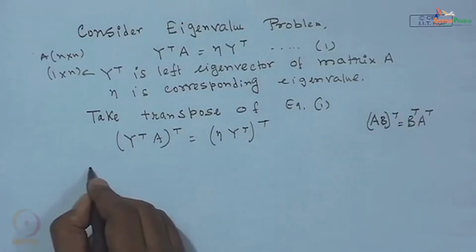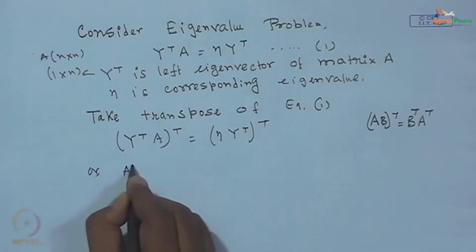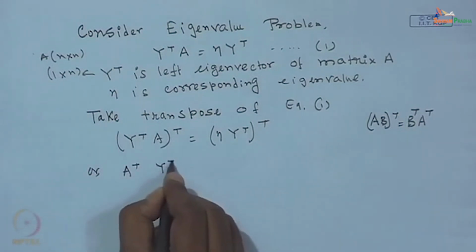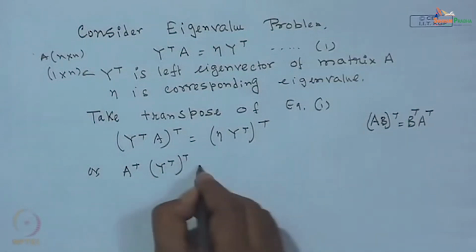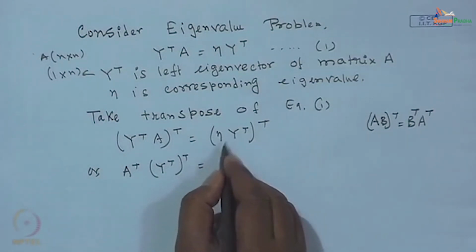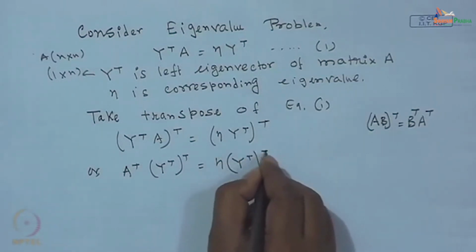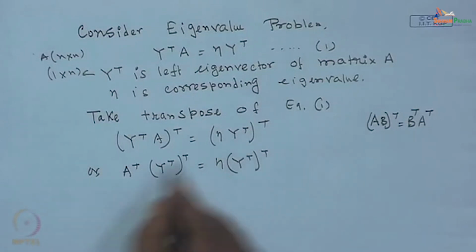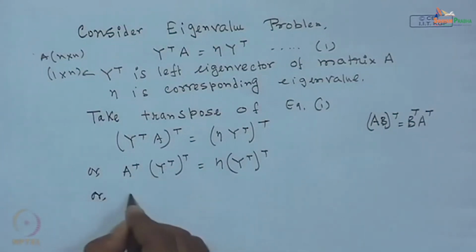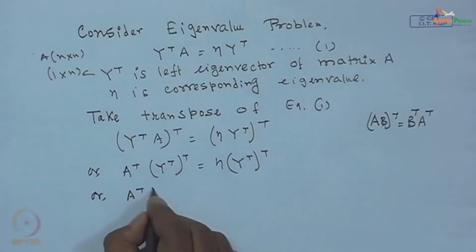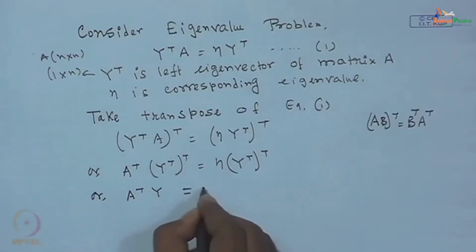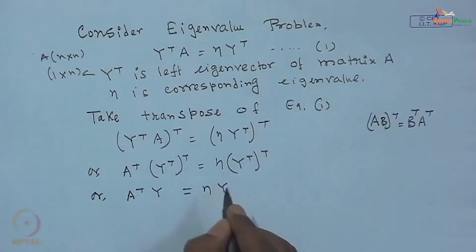So, this becomes A transpose times y transpose transpose, eta being a scalar, so it does not matter. Now, the transpose of a transpose is the same vector. So, basically A transpose y is equal to eta y.